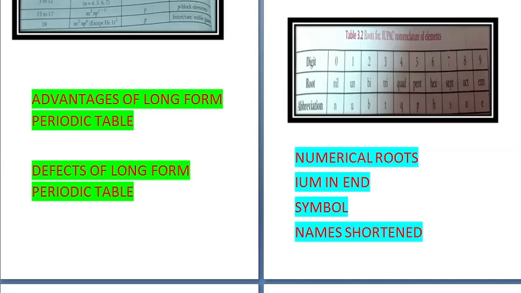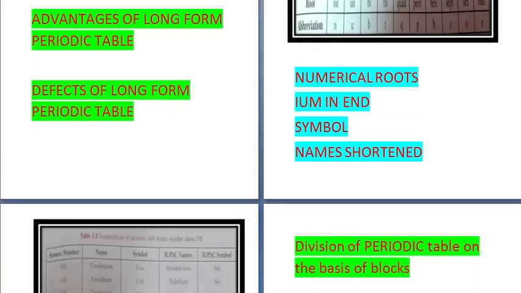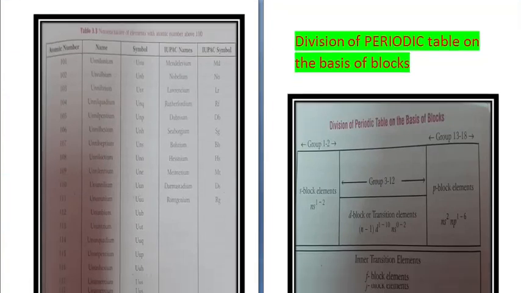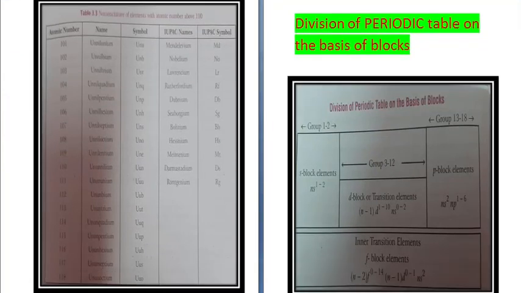Now let us see a few examples over here. For example, if the atomic number is 101, the numerical root is un for 1, nil for 0, and again un for 1.